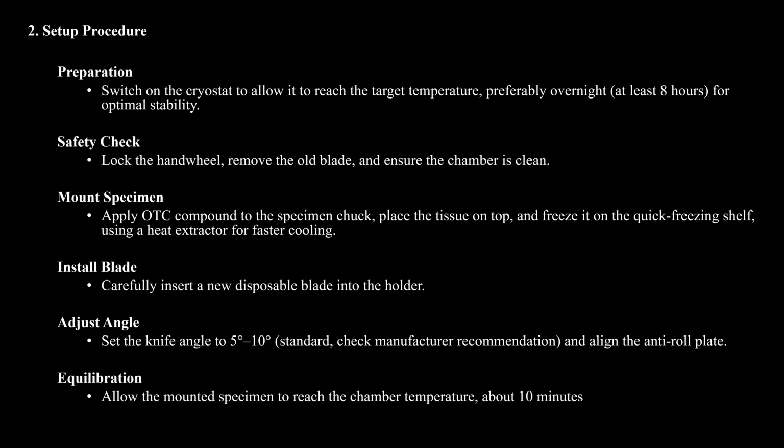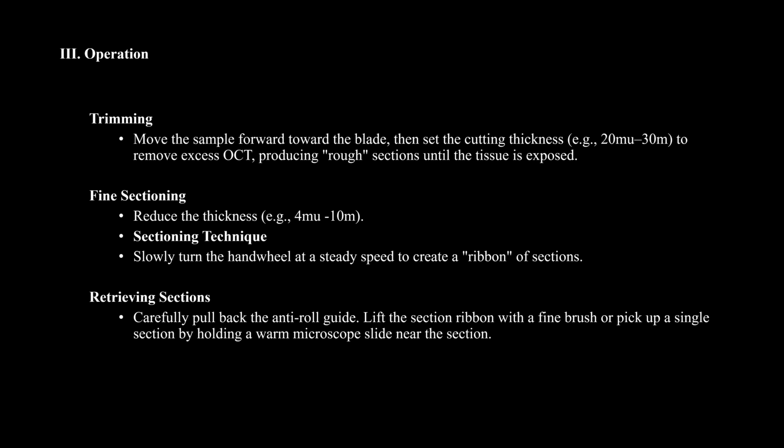Installing plate: carefully insert disposable plate into the holder. Adjusting angle 5 degrees to 10 degrees standard, check manufacturer recommended, and align the roll plate. Equilibration: mounted specimen reaches the chamber temperature, about 10 minutes. Then operation, trimming and forward plate of cutting thickness.